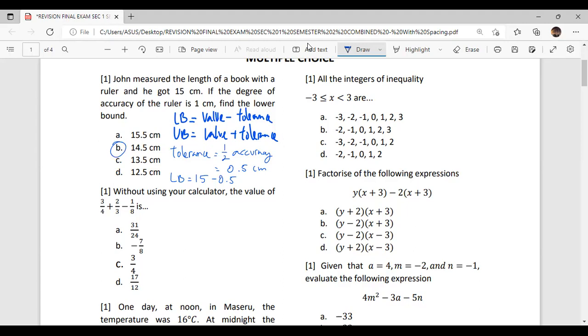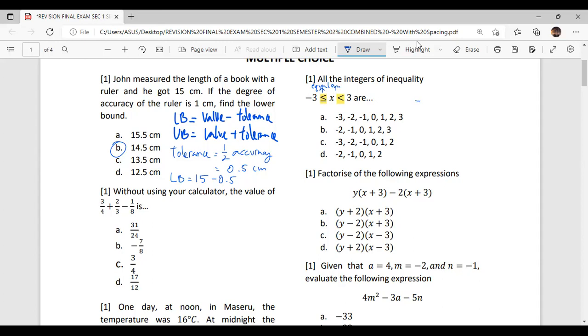Number 2. All the integers of the inequality -3 less than or equal to x and x less than 3. So you have to mention this part. What is the difference between the one that has a straight line and the one that doesn't? This has an equal sign, so -3 can be included.